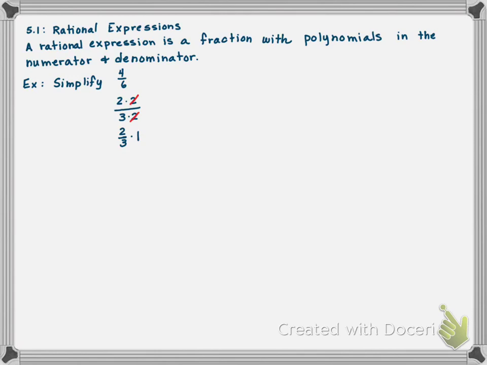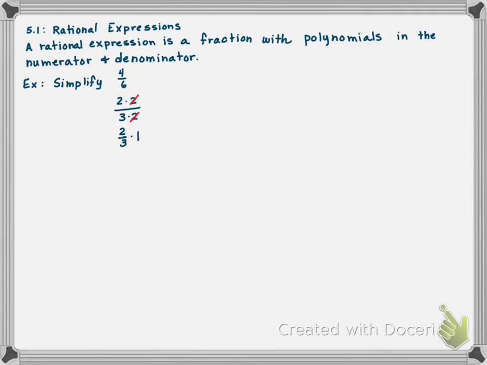So when we divide by 2 on the top and the bottom, we're actually not dividing 4 and 6 by 2, we're dividing 2 by itself, and noting that that gives us a factor of 1. So it's a trick that works every time, but not for the reason that we think it works.